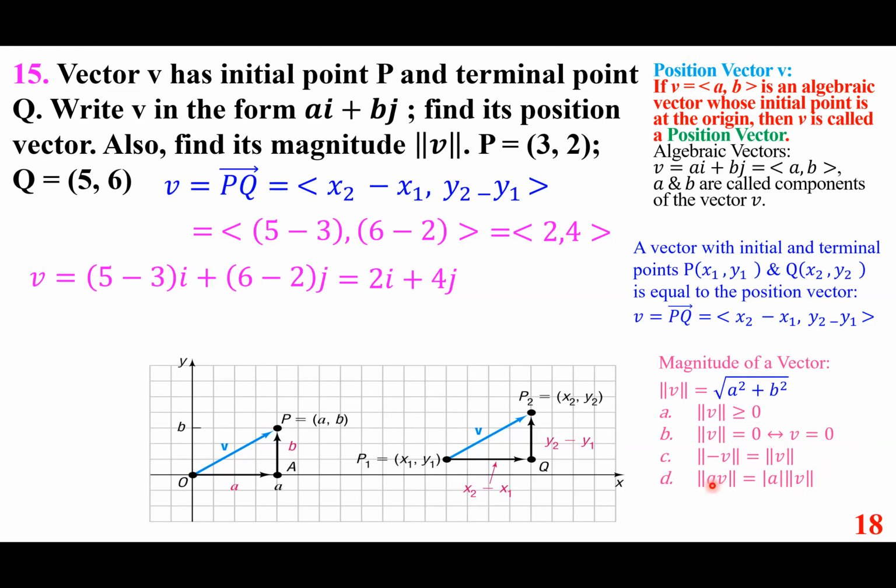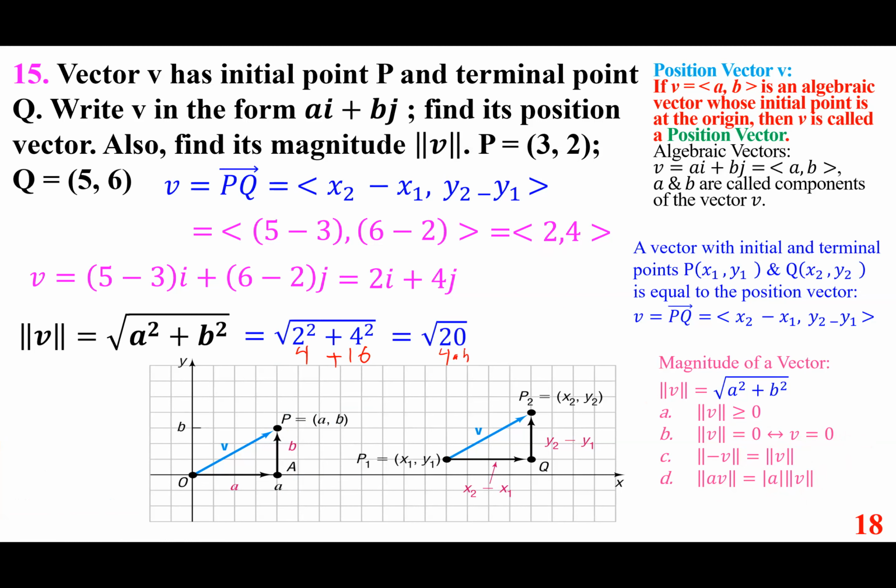So using this formula, we have 2 squared plus 4 squared, which is 4 and 16, 20. And the square root of 20 is 4 times 5, and 4 comes out as 2, 5 remains.